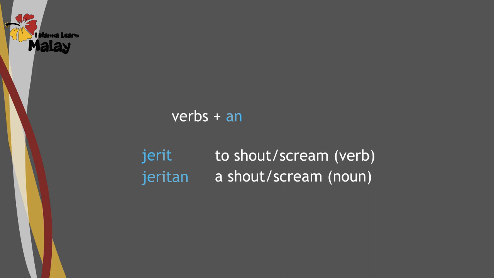So it changed from being a verb, someone shouting, to a noun, which is the scream itself or the shout itself. So by adding an at the back of a verb, it changes the action to refer to the product or the outcome of the action.